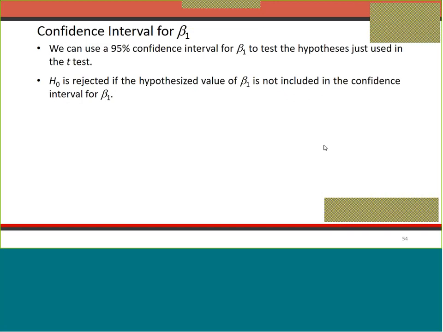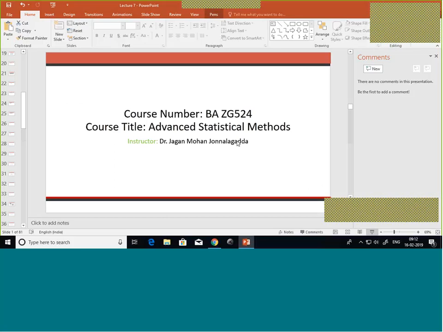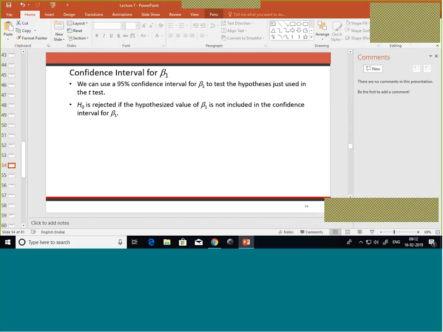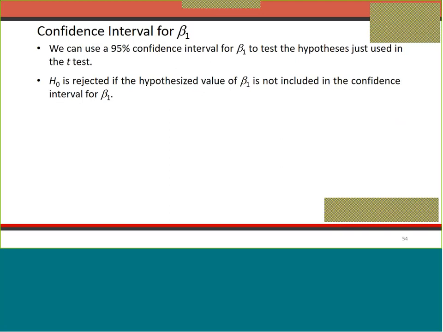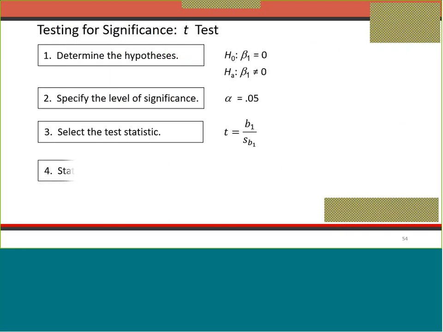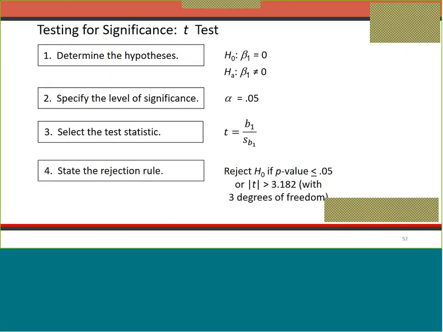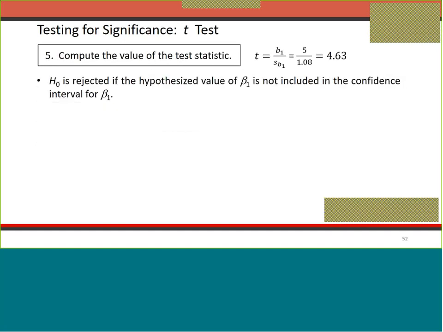So far what we have done, I'll recall and repeat: we wanted to test the significance of the relationship between x and y, and that is what we have done using the t-test.